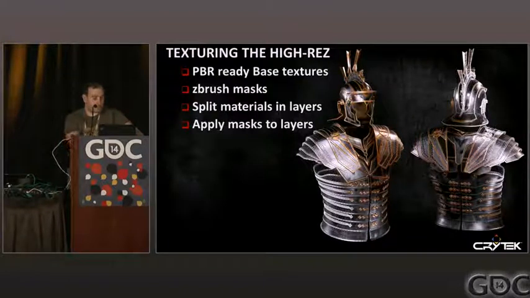All that is based on the research that we've done before with the reference. We also paint specific masks like leaks on the textures, blood, or anything that can make the design very interesting.